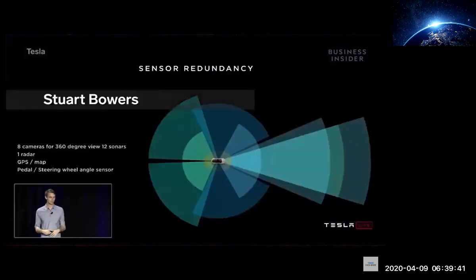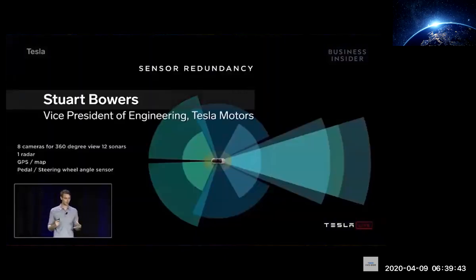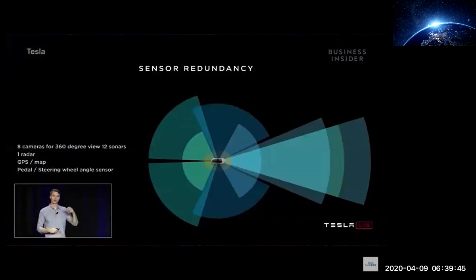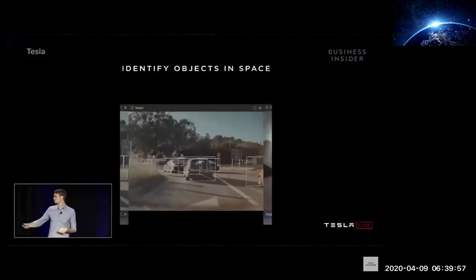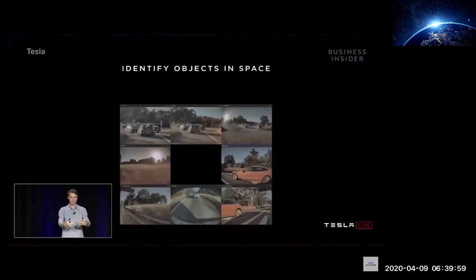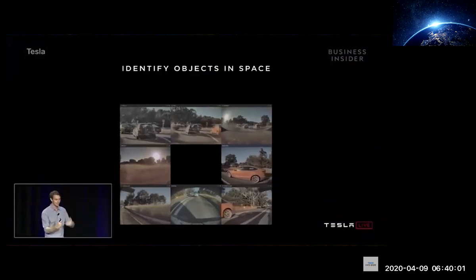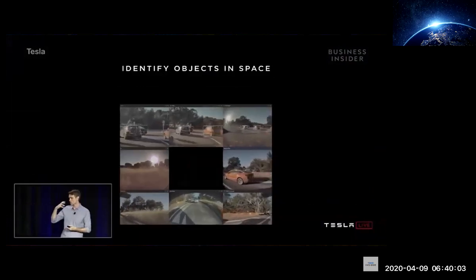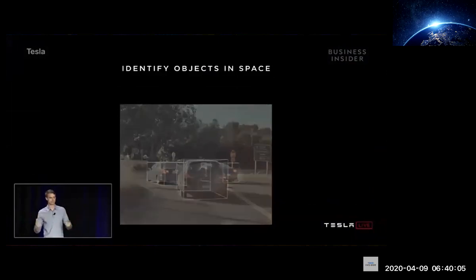We have 8 cameras, but then we also have additionally 12 ultrasonic sensors, a radar, an inertial measurement unit, GPS, and then one thing we forget about is we also have the pedal and steering actions. So not only can we look at what's happening around the vehicle, we can look at how humans chose to interact with that environment. And so I'll talk to this clip right now. This basically is showing what's happening today in the car, and we'll continue to push this forward. So when you start with a single neural network, we see the detections around it.